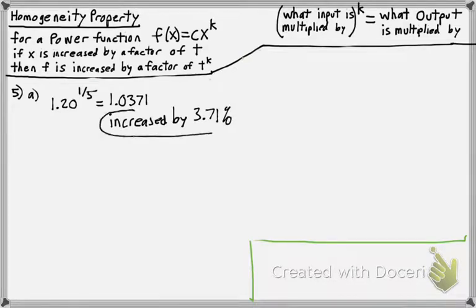So again, you want to subtract 1 and move the decimal place over 2 to convert back from the growth factor to the percentage.